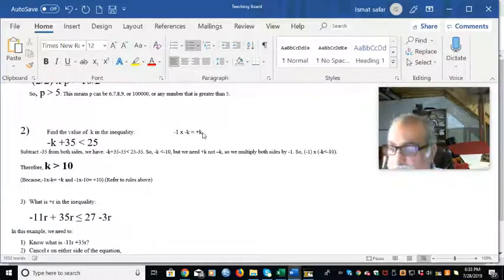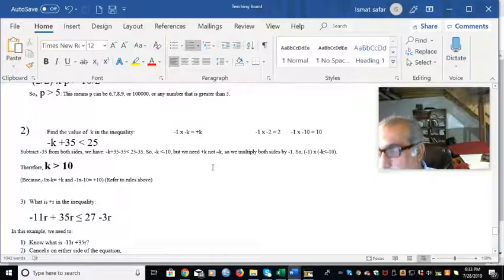Let me give you a simple example. Negative 1 times negative 2 equals 2, or positive 2, right? Negative 1 times negative 10 makes 10, or positive 10, right? So we use negative 1 to turn the negative k into k.